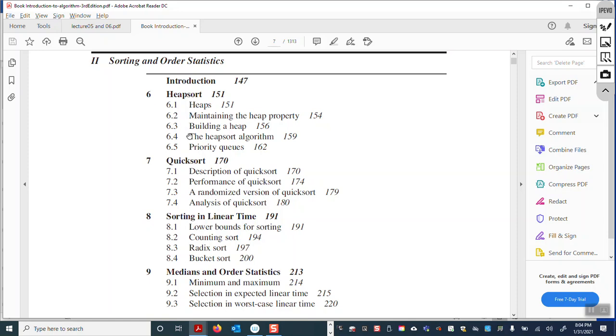Later we will see how to use these concepts to develop a heapsort algorithm. Later we will also discuss priority queues. Okay, so let's get started.